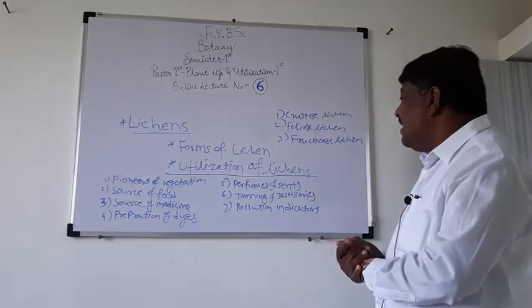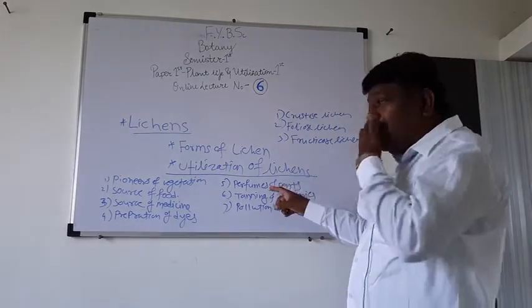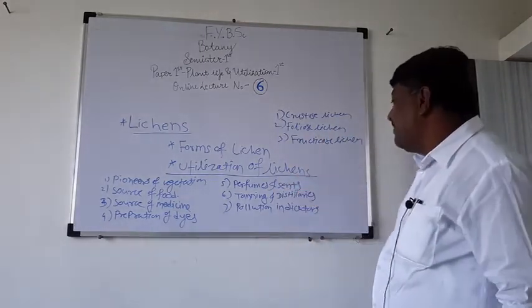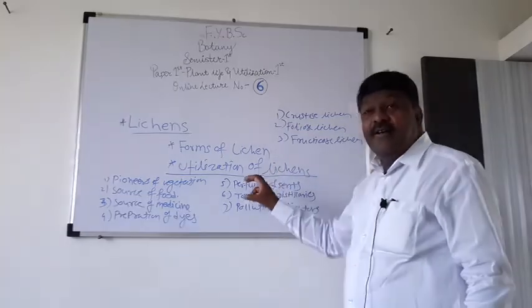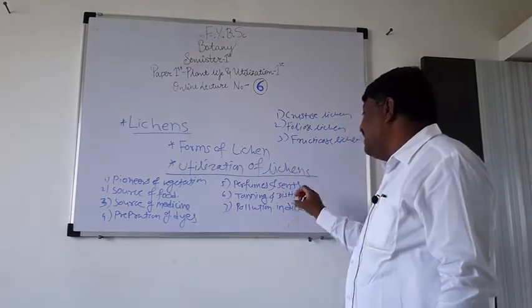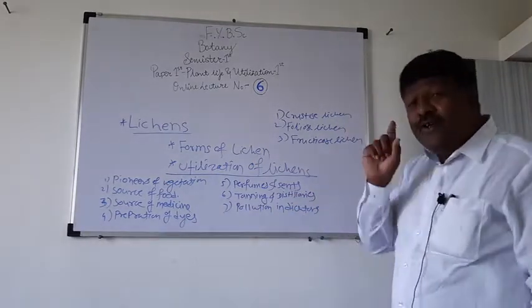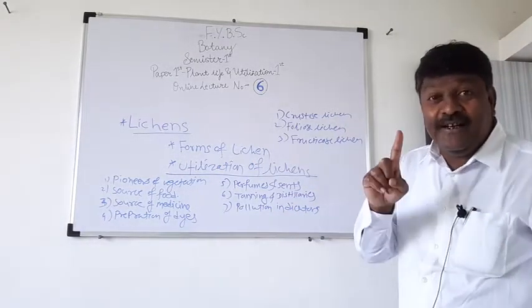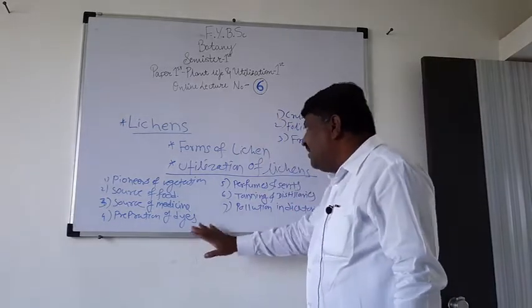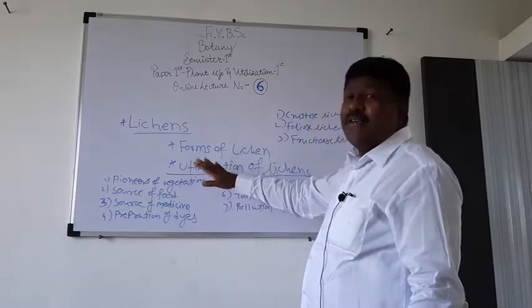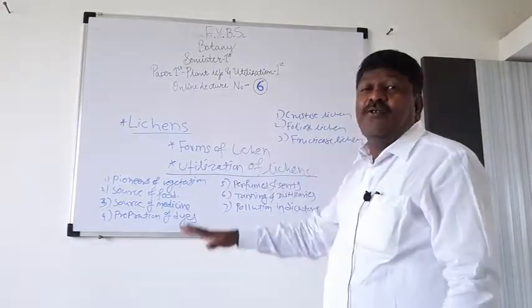These lichens are used in production of perfumes and scent. They are used in tanning industry and in distilleries, and these lichens are pollution indicators. This is about utilization or uses of lichen.